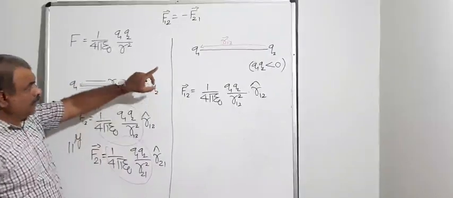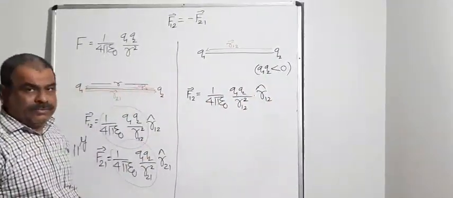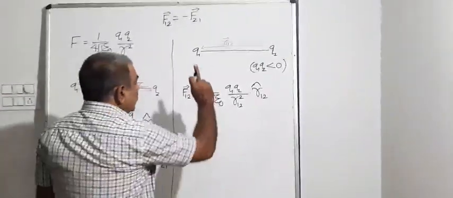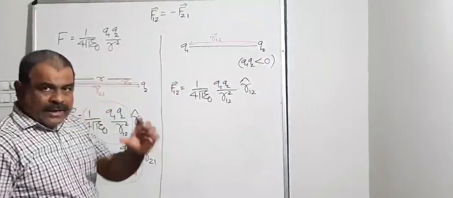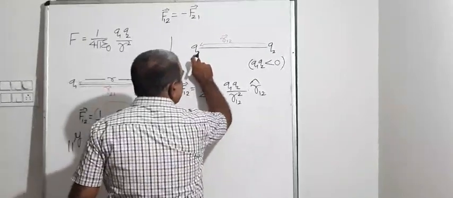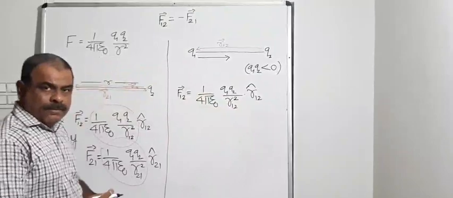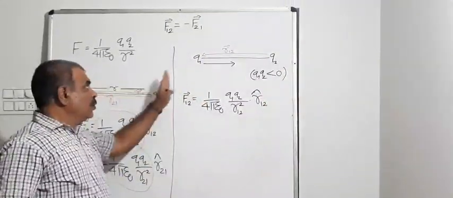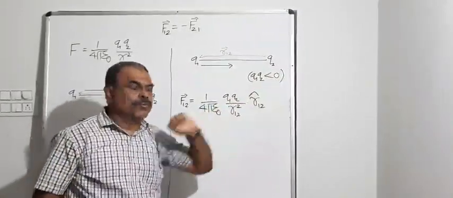But see the figure properly. What I have written, Q1 into Q2 less than 0, means both charges are unlike. One is positive and one is negative. So in that case, Q1 will be attracted towards Q2. And as Q1 is attracted towards Q2, the force on Q1 by Q2 I should draw in this direction, because Q1 will be accelerated towards Q2. So Q1 will move towards Q2 in this way, if it is free to move.